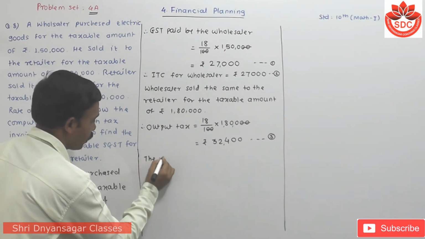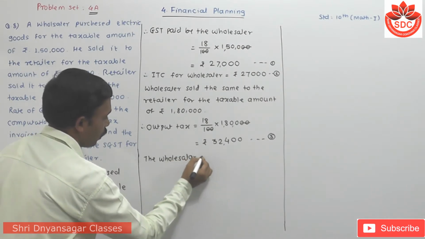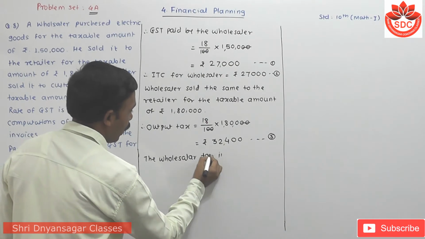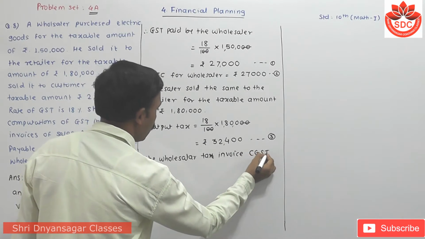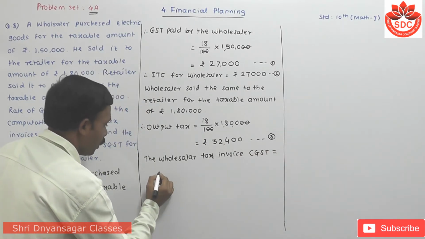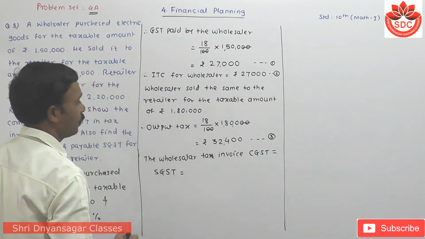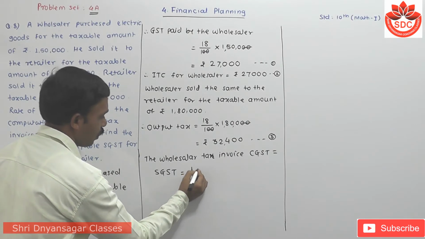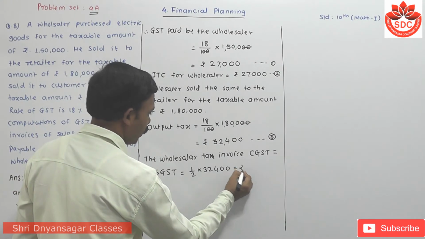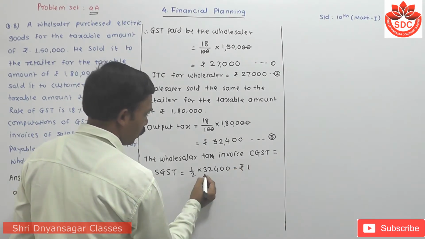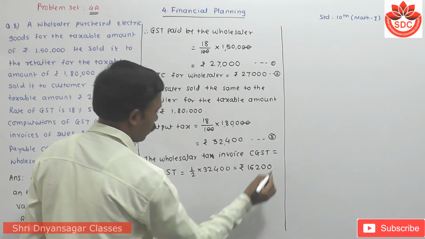Therefore, the wholesaler's tax invoice CGST is equal to SGST is equal to half of 32,400 is equal to rupees 16,200.